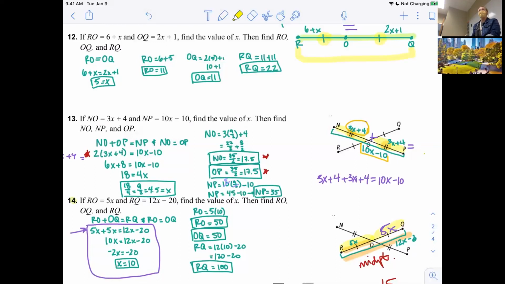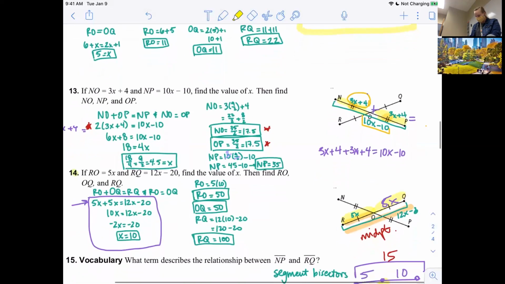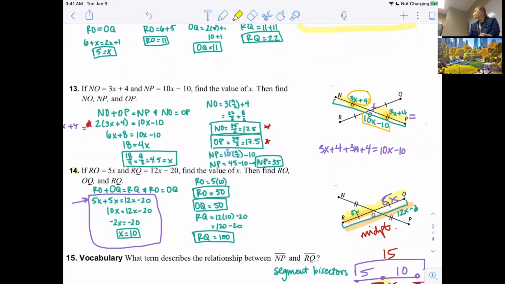All right, I'm going to keep going through. I need to talk more about 13 and 14. I'm just going to scroll up a little bit so you can also see 15. What's special about point O in this picture? On any of them? It is a segment bisector, and it's also the midpoint.